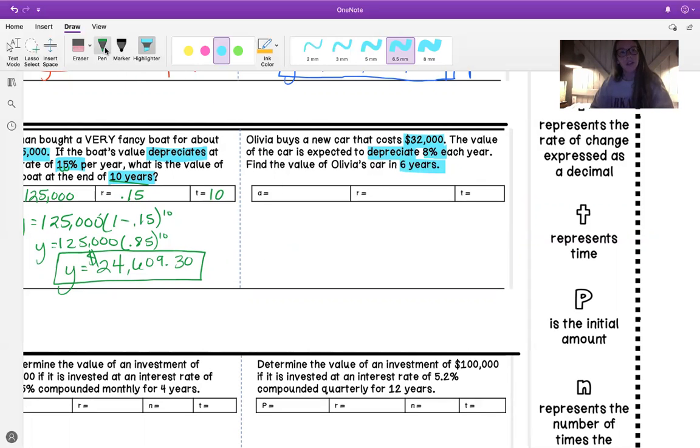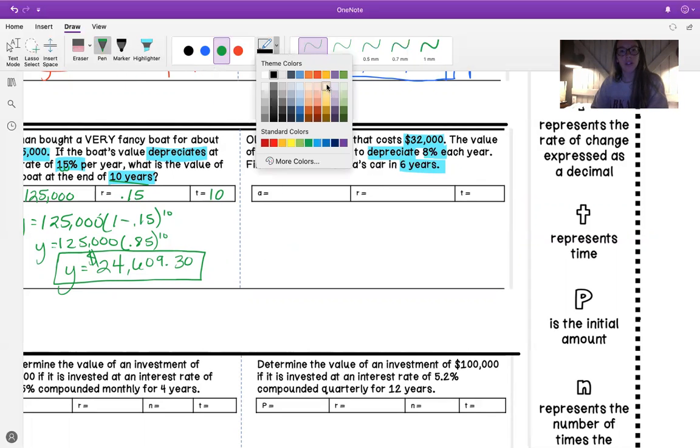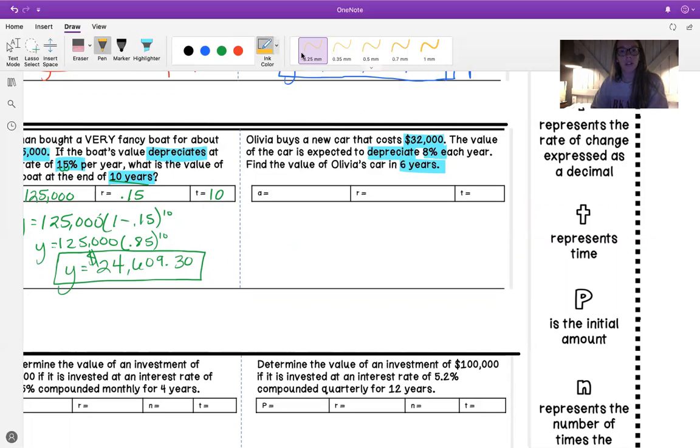Okay, so we are going to get all the amounts we need. The initial amount of the car was $32,000. It depreciates at 8%, but we need to write it as a decimal. And then the time is 6 years. So we're just going to plug that into our equation.